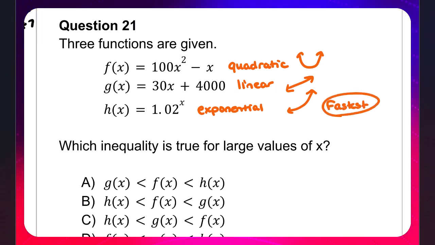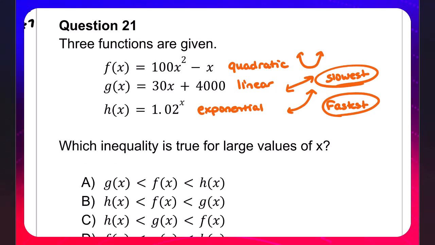If you're comparing exponential to exponential growth, you are looking for the larger of the two bases. That one's going to grow faster. If it's decay, you're going to look for the smaller of the two. That will decay faster. But if you're comparing quadratic and linear, quadratic is always going to be faster. The slowest is going to be linear.